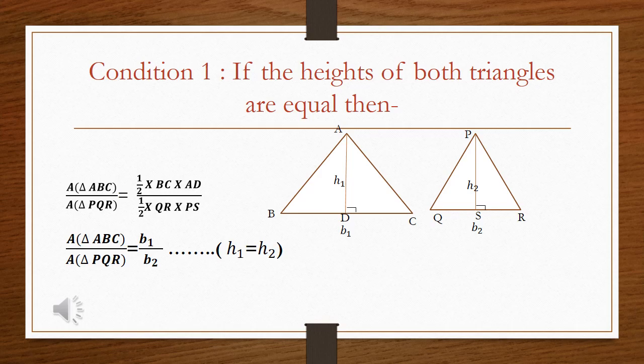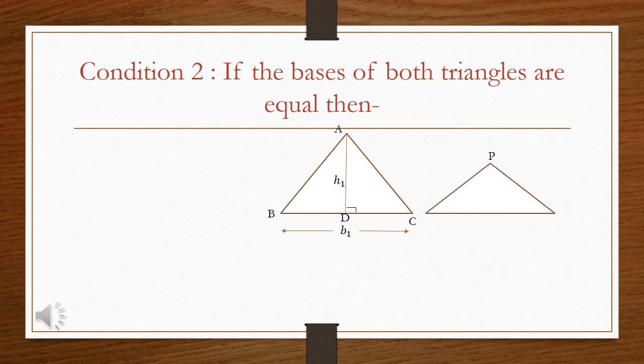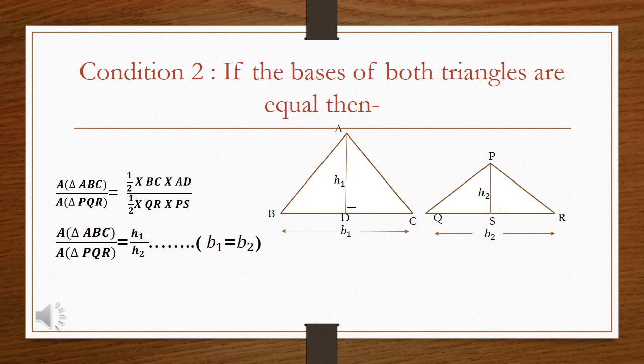That means H1 is equal to H2, so they get cancelled out. 1/2 also gets cancelled, so remaining only B1 upon B2. So we can write area of triangle ABC upon area of triangle PQR equals B1 upon B2 if H1 is equal to H2. Now let us study condition 2.